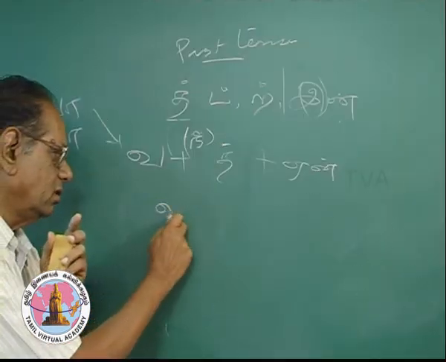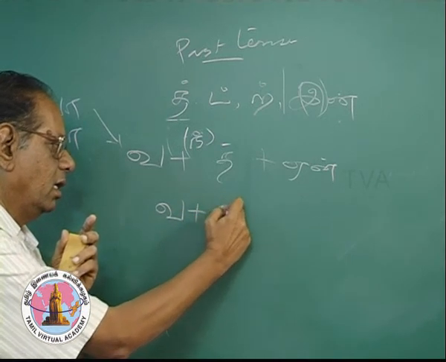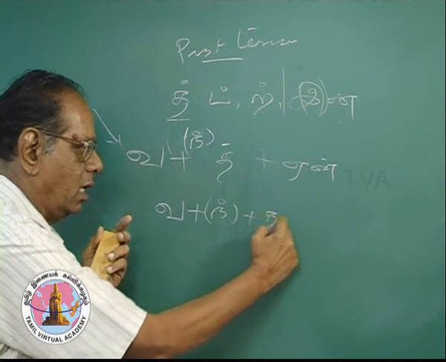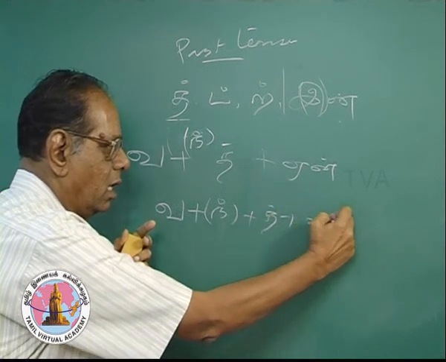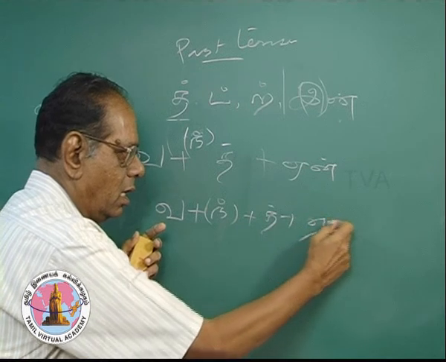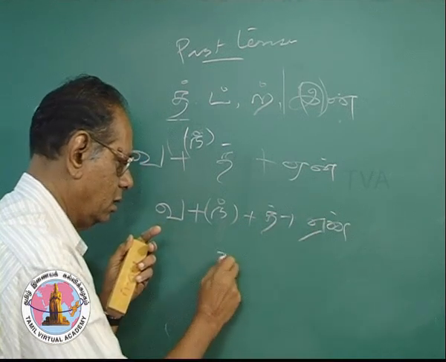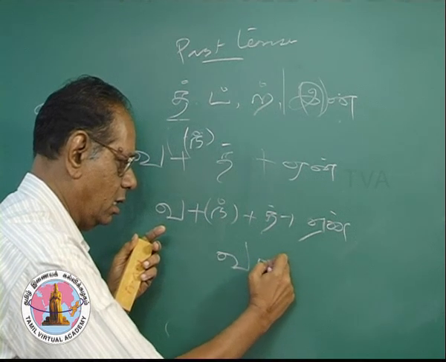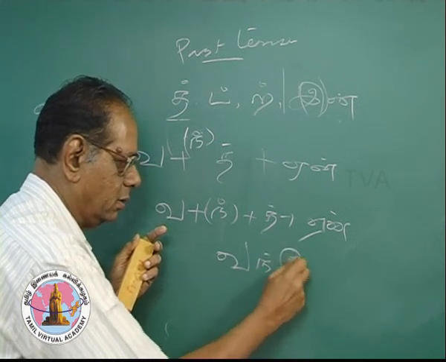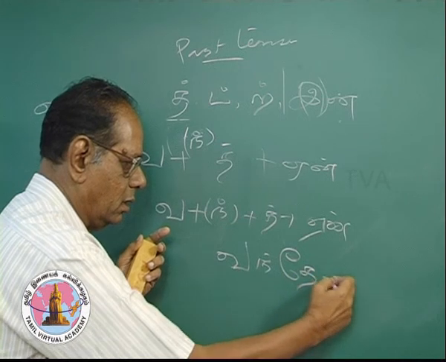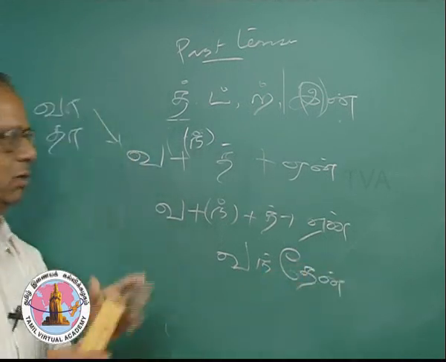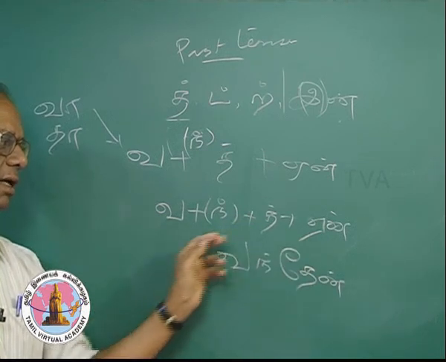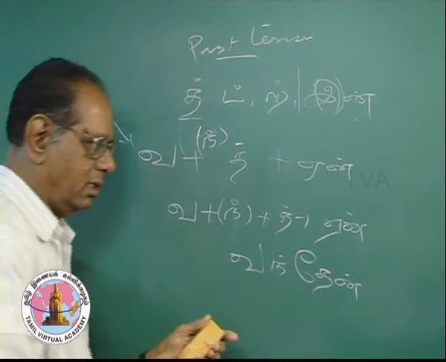So it is வ, plus ந்த் plus ஏன். வந்தேன், I came.